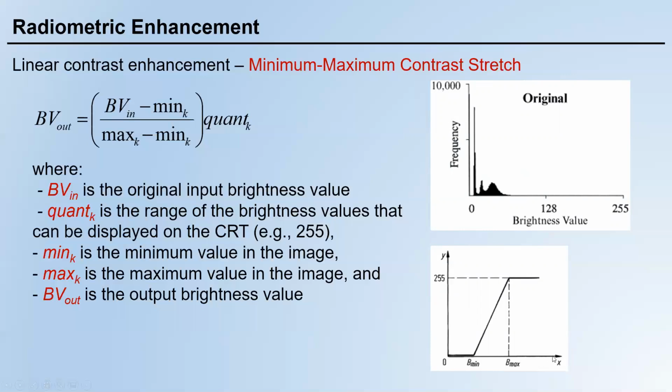So input is X, output is Y. The range for the original image is addressed by B min and B max. The range of pixel values of the output image, or the image after enhancement, is addressed by Y, by the difference between 255 and 0.